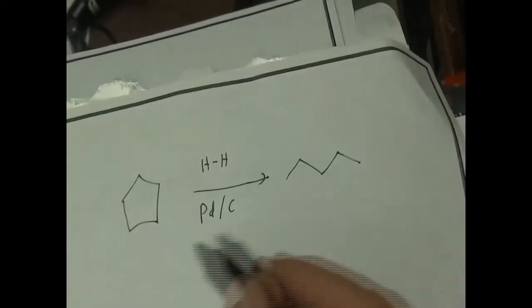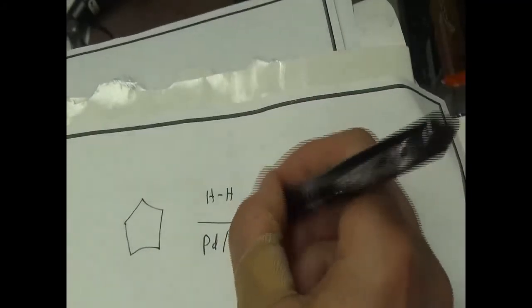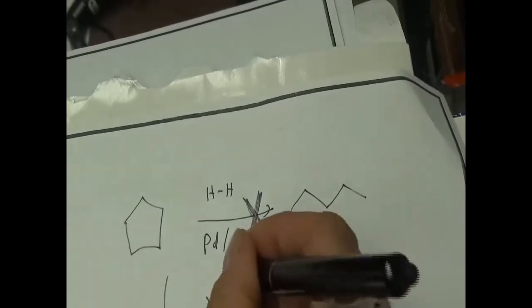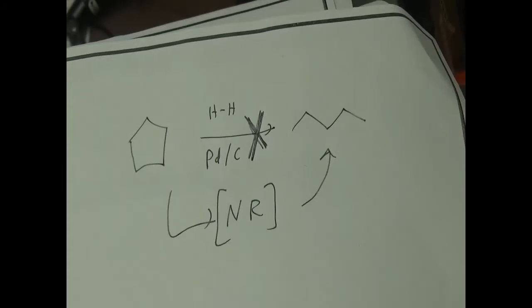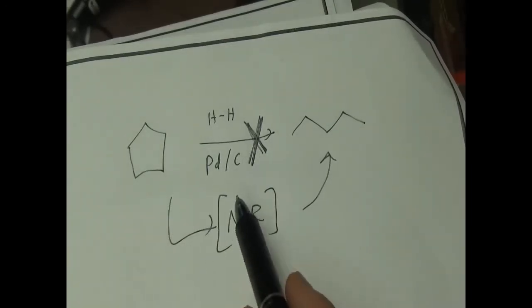It does not cleave from cyclopentane to pentane. Another way we say that is NR, no reaction. Not strained enough. This is not a strained enough molecule for this C-C bond cleavage reaction to occur.